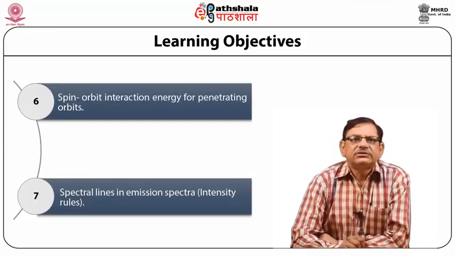intensity rules, etc. The series of alkali atoms contain lithium with Z equal to 3, sodium with Z equal to 11, potassium Z equal to 19, rubidium Z equal to 37 and cesium with Z equal to 55, and their configurations are 1s2 2s, 1s2 2s2 2p6 3s, 1s2 2s2 2p6 3s2 3p6 4s, and in the last we have 5s and 6s.